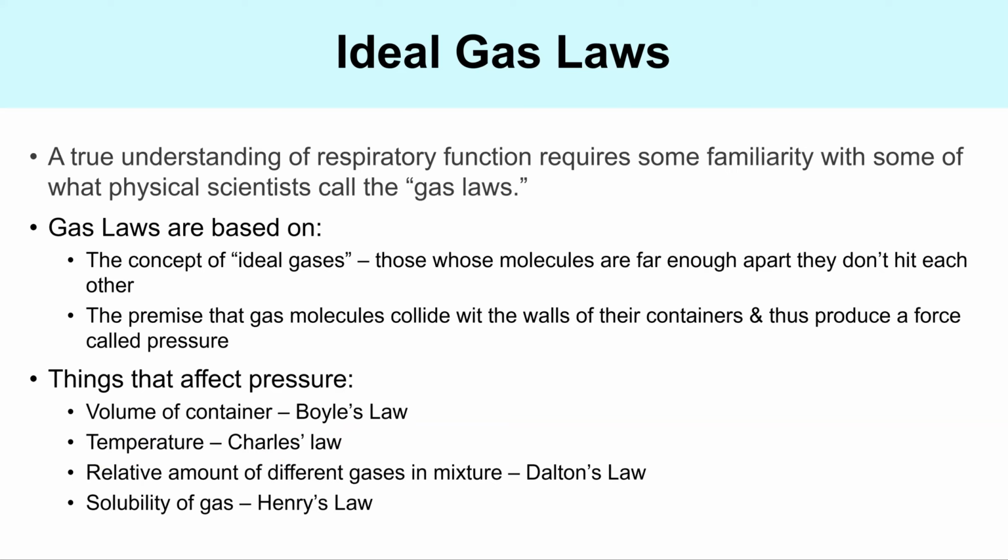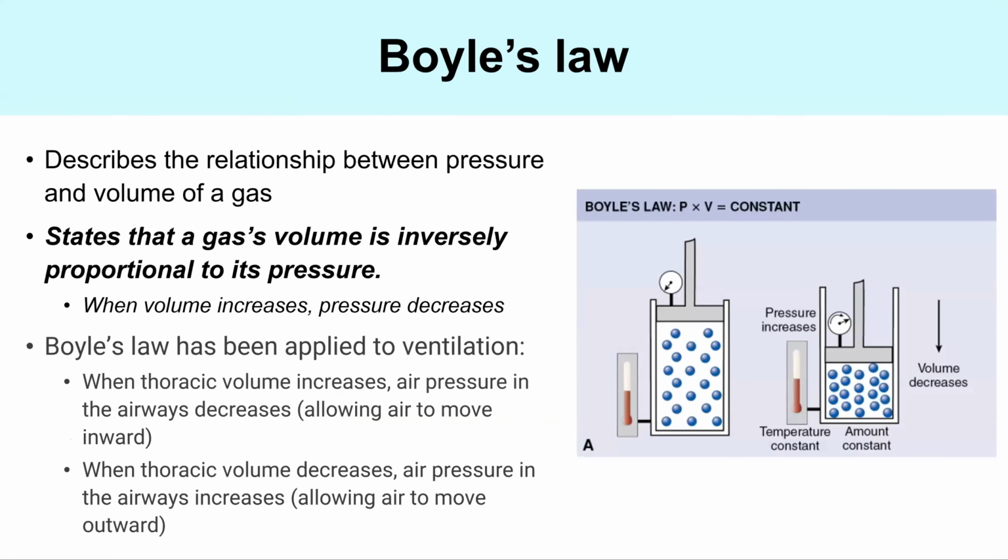So we're going to go ahead and start with the first ideal gas law, Boyle's law. Boyle's law is, again, as I mentioned before, going to describe the relationship between pressure and the volume of the container that a gas is placed in. And so Boyle's law states that a gas's volume is inversely proportional to its pressure.